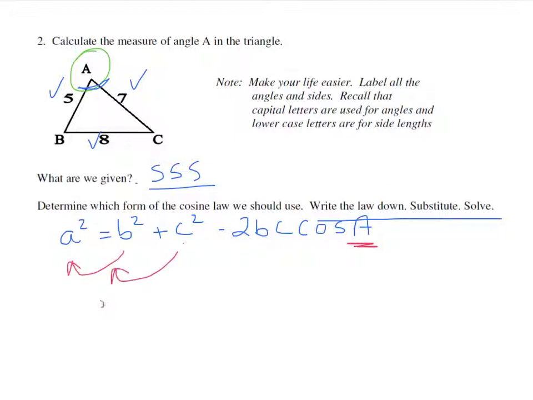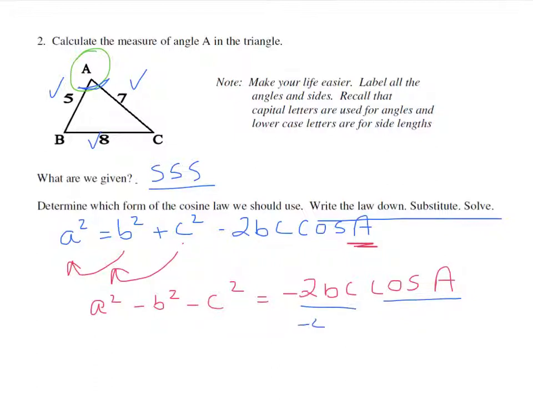So we get a squared minus b squared minus c squared equals negative 2bc cos A. And now to get the cos A by itself, we need to divide both sides by negative 2bc. So that cancels out there. And we're left with equals cos A.